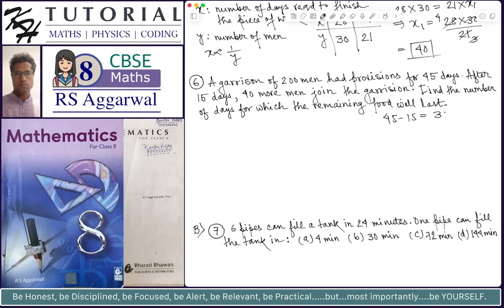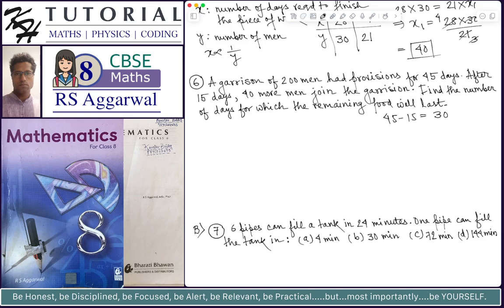So in 15 days, some amount of food has been consumed by the 200 men. Based on the food left, the 200 men can survive for another 30 days, because it is given that 200 men will survive for 45 days on the provision available.